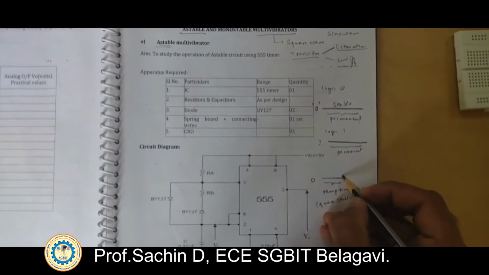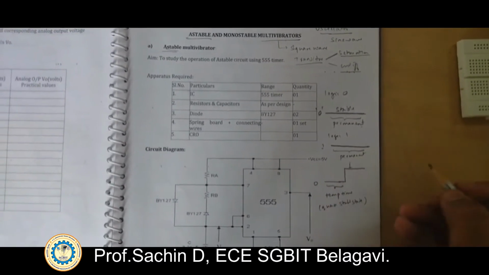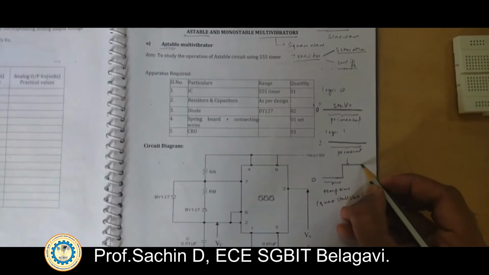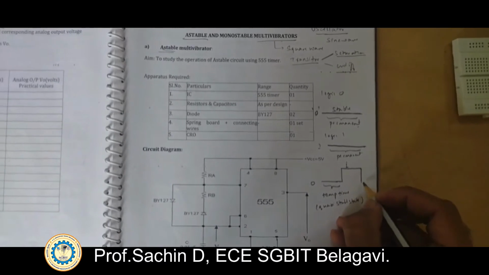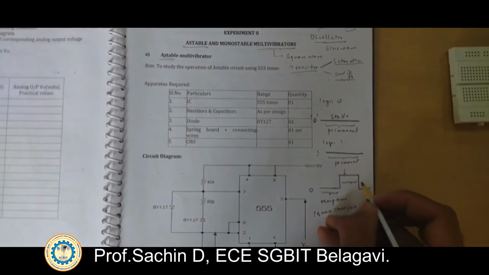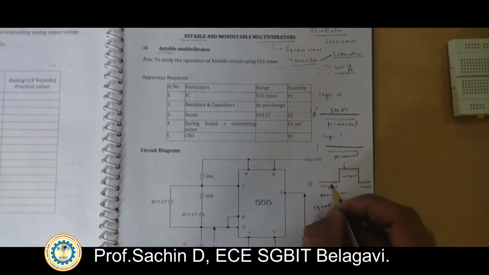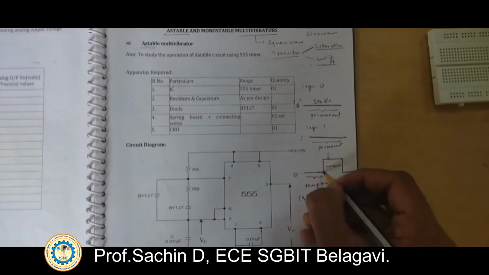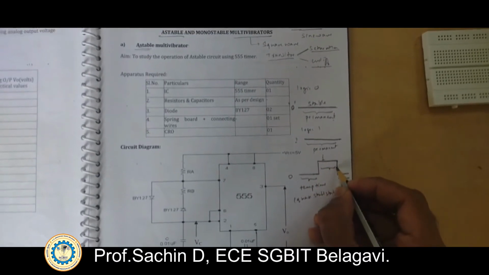After some time, it is going to switch to the high state, that is logic 1. Again after some time, it switches back to the low state. So here these states are not permanent. They are my temporary states. After some time, again it switches to the high state, and again it switches to the low state.